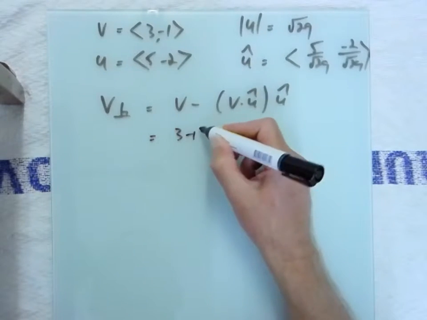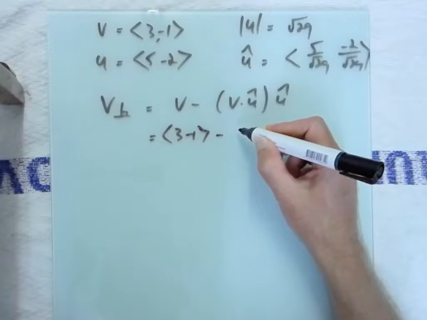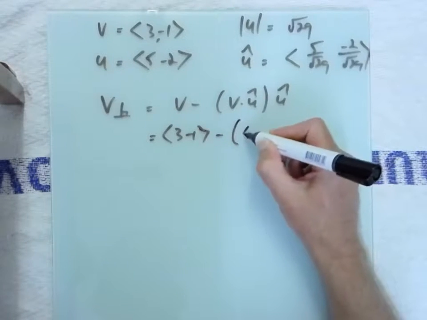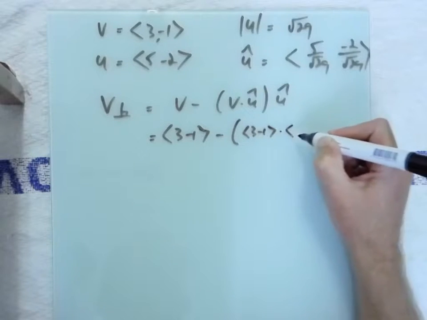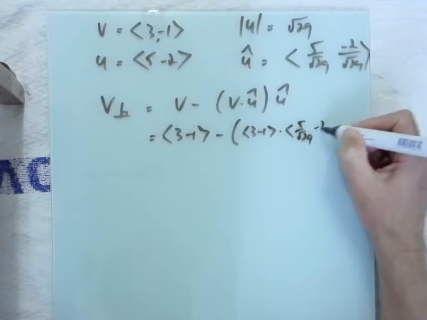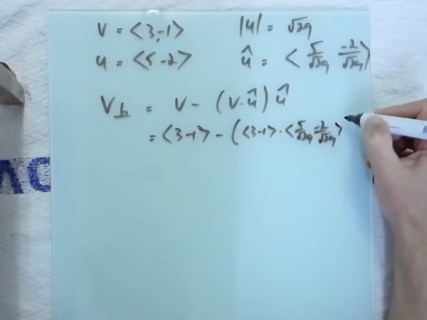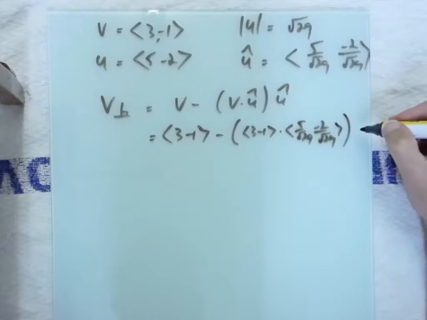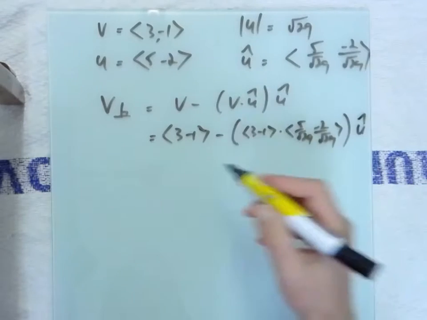So v is (3, -1), v dot u is (3, -1) as a vector and u hat, which is... I'm out of room.